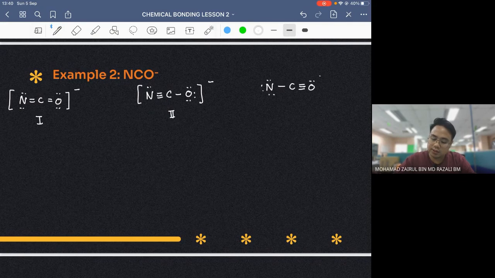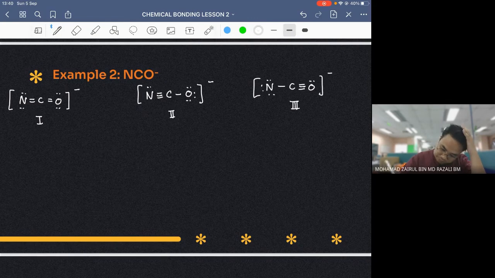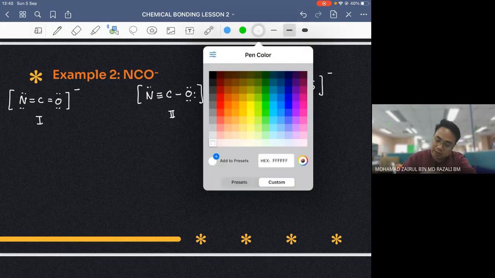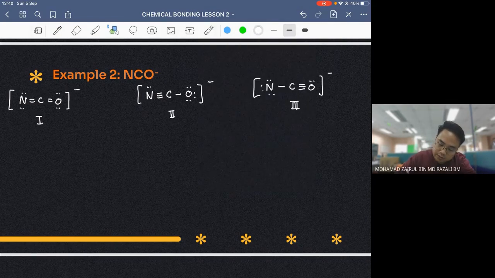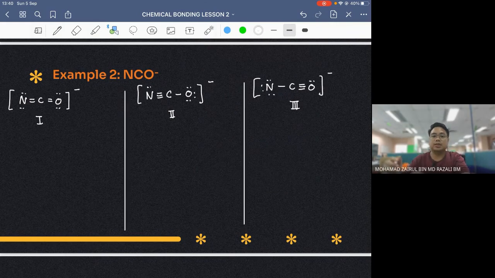So this is structure 3. Okay, so after we draw all possible Lewis structures, we calculate the formal charge. So we calculate the formal charge for structure 1, structure 2.